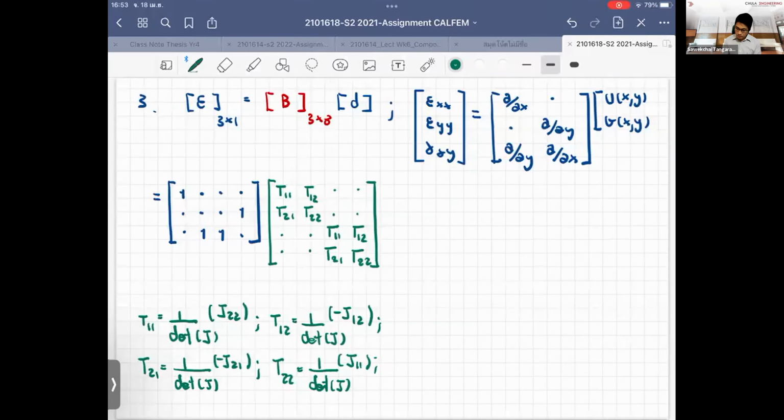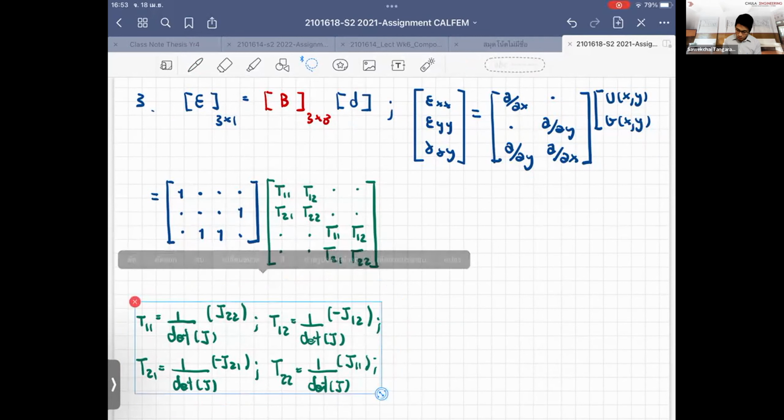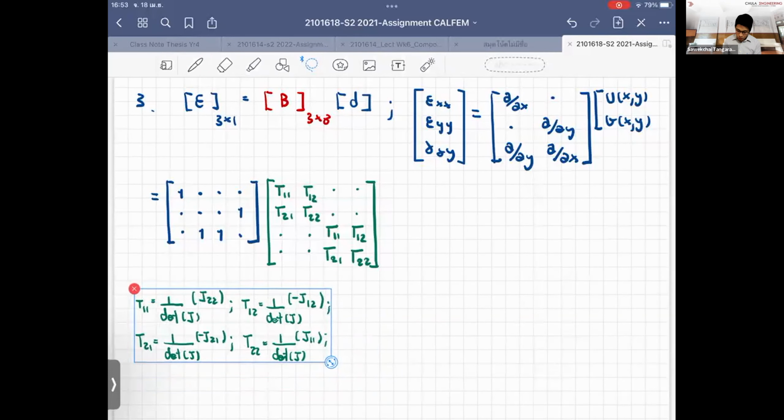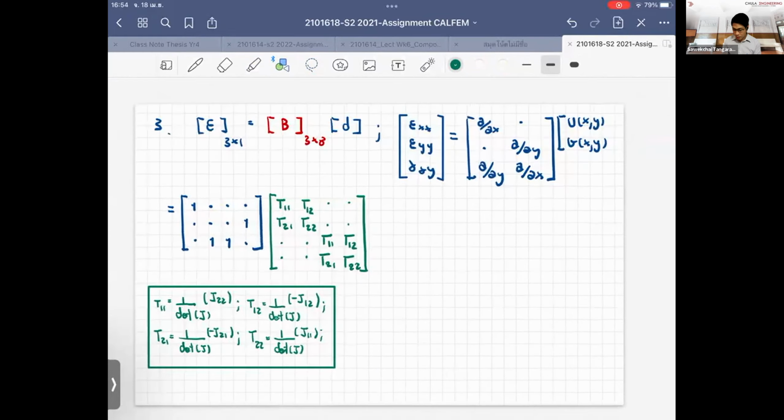So I just shrink the size and put it in the box. This is the inverse of the Jacobian matrix to transform the coordinate. We use this term to transform all the coordinates that we want to.